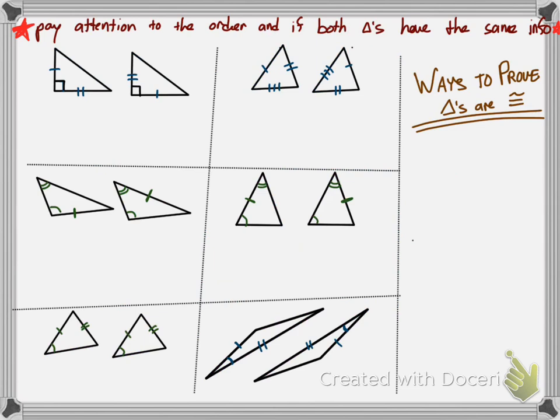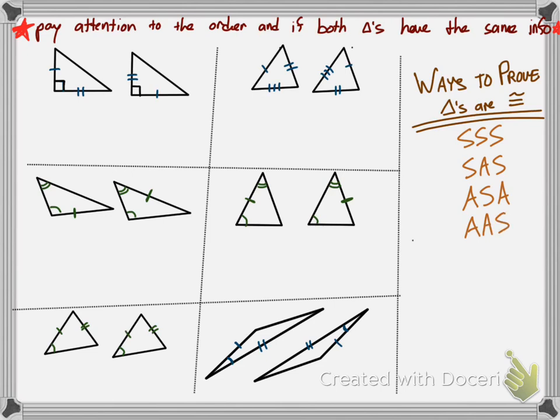So on our next slide, we're going to just look at some examples here and practice which method we can use. So our list to choose from would be side, side, side, side, angle, side, angle, side, angle, and angle, angle, side.